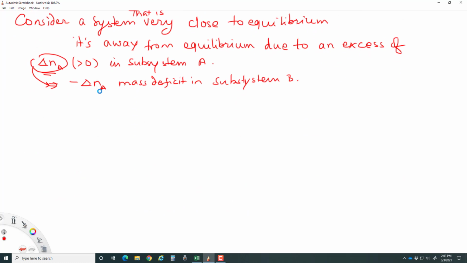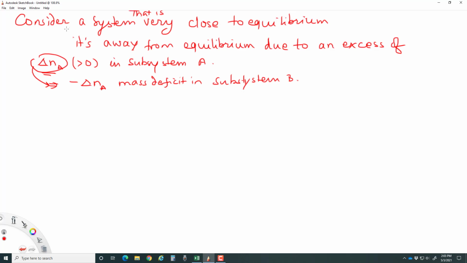So as the combined system moves towards equilibrium, the subsystem A will give up its excess mass, which is delta NA, to subsystem B.